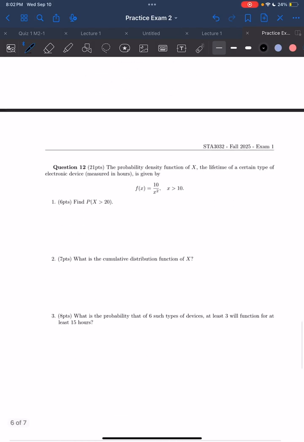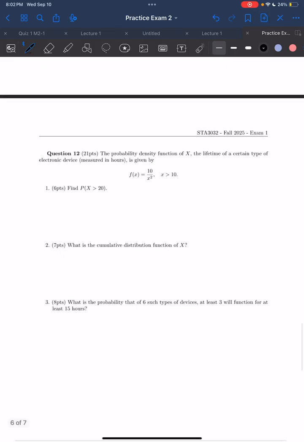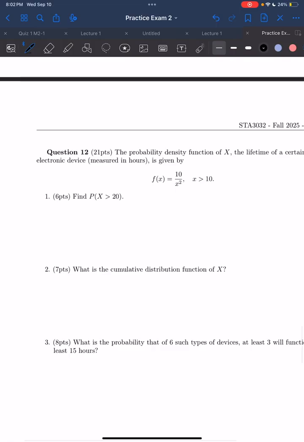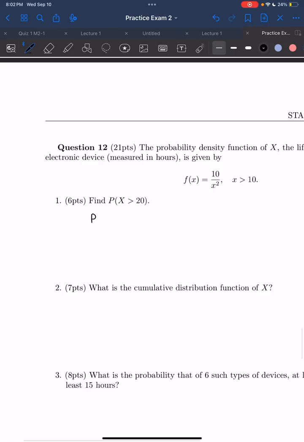Okay. So for the next problem, we have our probability density function for a certain type of electronic devices, and it's given by this function. So first we want to find the probability of x being greater than 20.